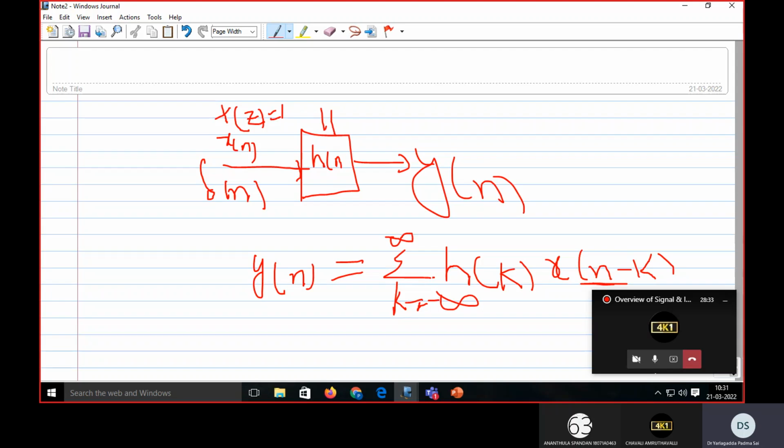Your system function is H(z), your output is Y(z). Y(z) is simply X(z) multiplied by H(z). Now your X(z) is 1, so Y(z) is equal to H(z). If you want the response in the time domain, you take the inverse Z transform, and y[n] is equal to h[n].